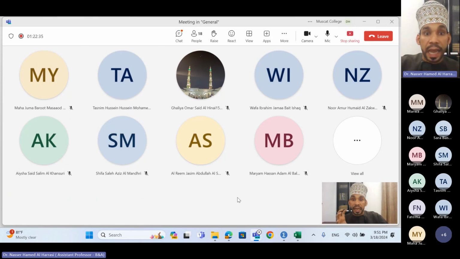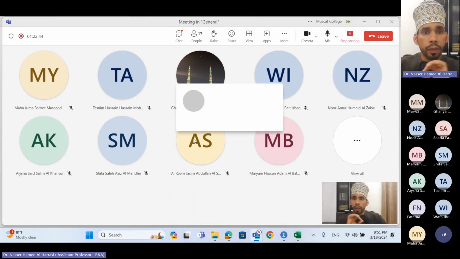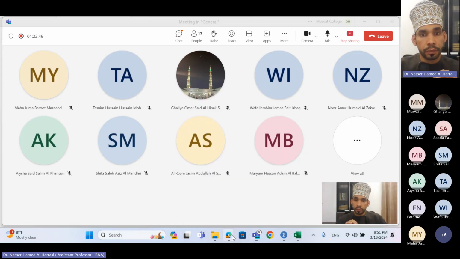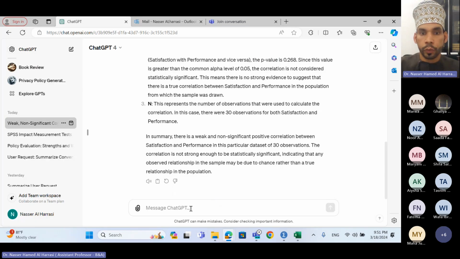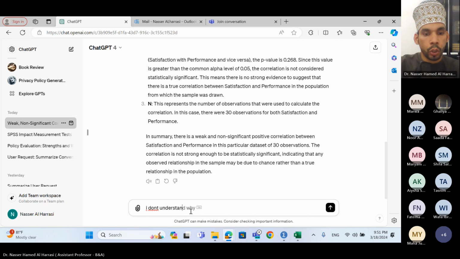It is like a language model which understands your request and will help you to understand. For example, if you say, I don't understand, explain it in very simple language. So I will tell it, I don't understand, use a simple example to make me understand.